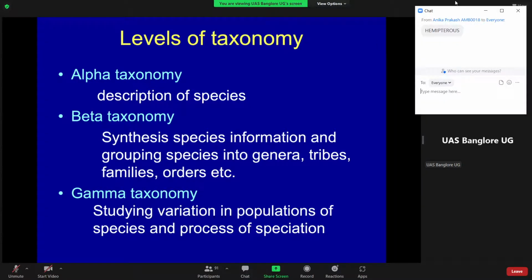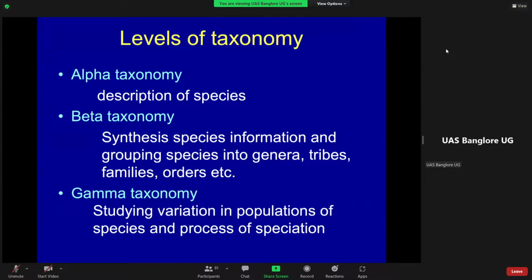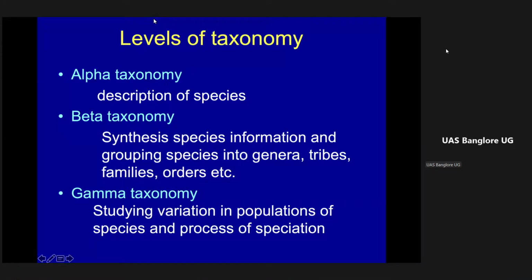So what is alpha taxonomy? Alpha taxonomy is nothing but describing a species. Suppose I take somebody's name, like Likith Nadiga, who is going somewhere and collecting an insect.